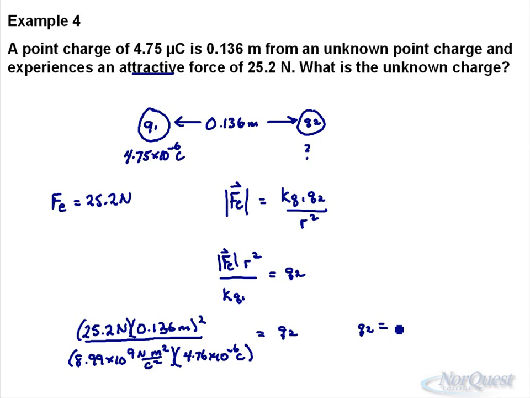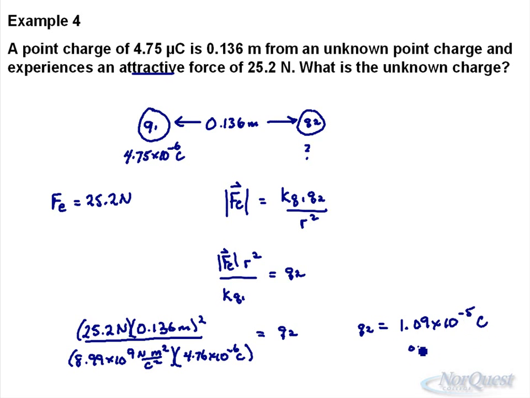Hit enter, and you should get 1.09 times 10 to the negative 5. If I go to 3 sig digs, 1.09 times 10 to the negative 5 coulombs.